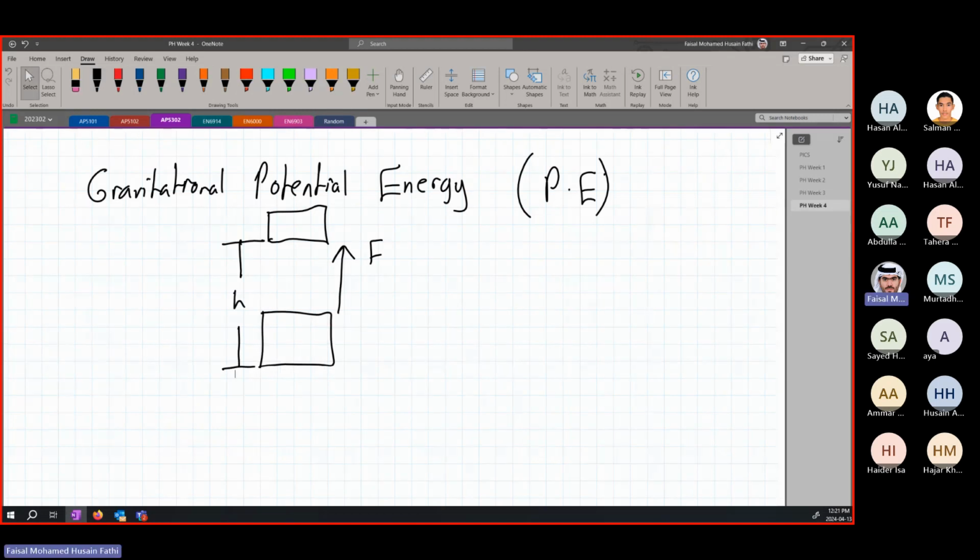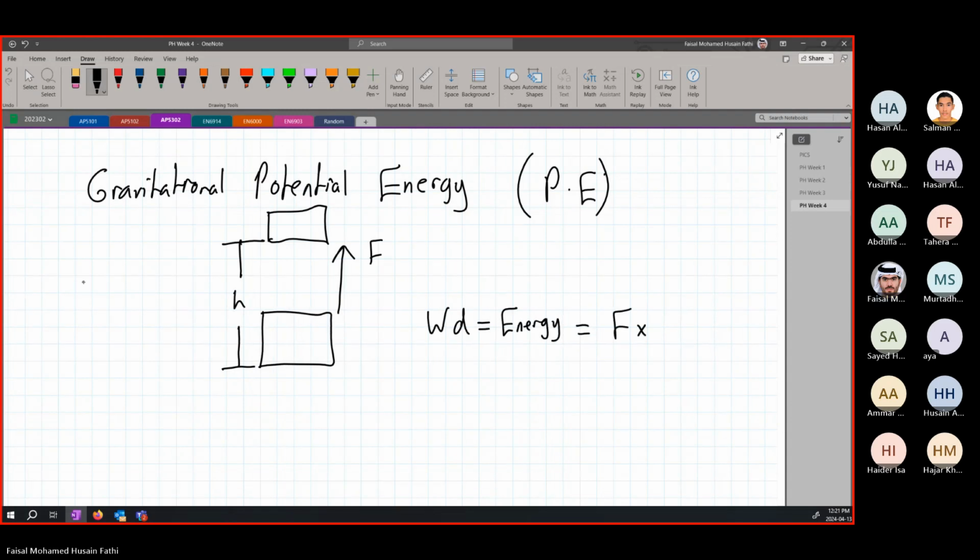So here we can simply say that the work done, or the energy to move it up, remember work done is simply equal to energy, is going to be equal to force times distance. But remember, there is a weight for this box, mg, right? Or W, which is equal to mg.